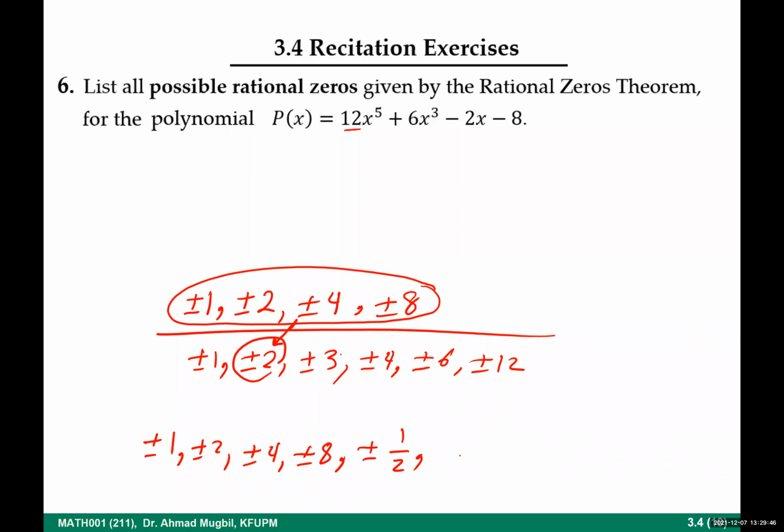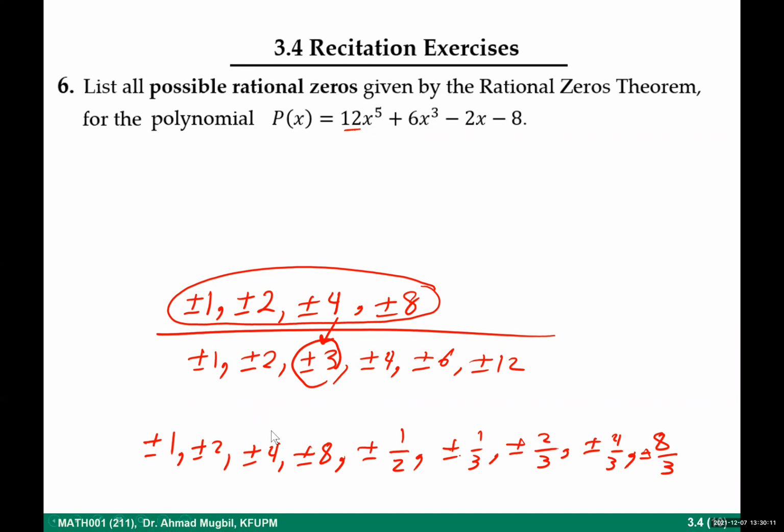Now, can you proceed in the same way? You can continue the same way. Now you will do what? You will divide them by 3. You will get positive or negative a third, positive or negative 2 over 3, positive or negative 4 over 3, positive or negative 8 over 3. Right? Now you will divide them next by 4.